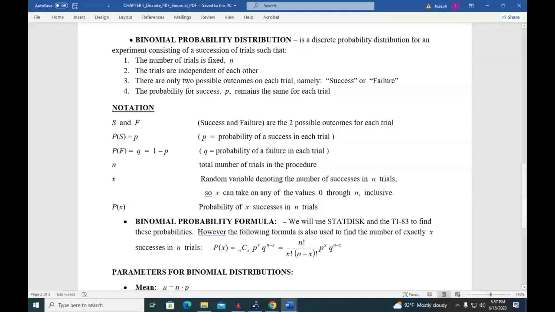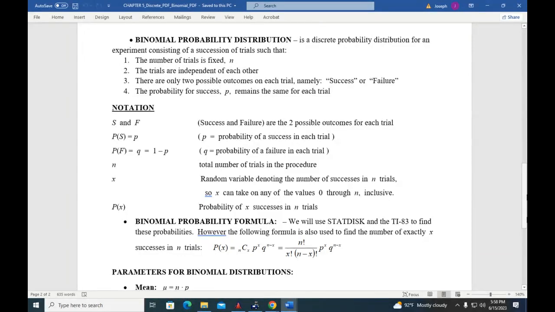And then the notation, S and F, success and failure. The thing of it is, this is statistical success. Like, if the experiment is whether somebody has cancer or not, a person that has cancer is a success. Go figure. Statistical success doesn't mean social success. The probability, little p, is the probability of a success. So you only need two parameters for this distribution.